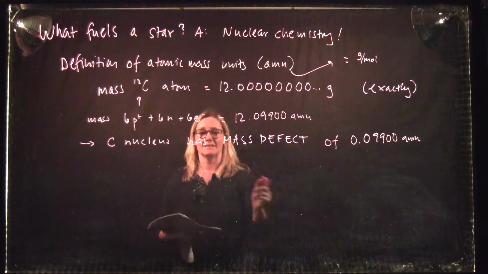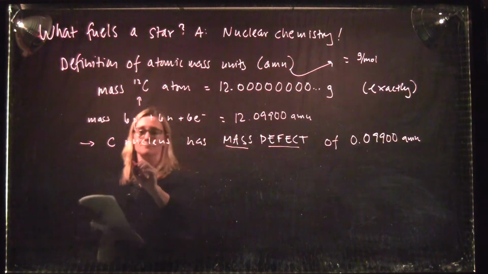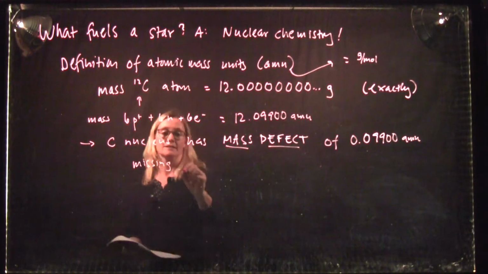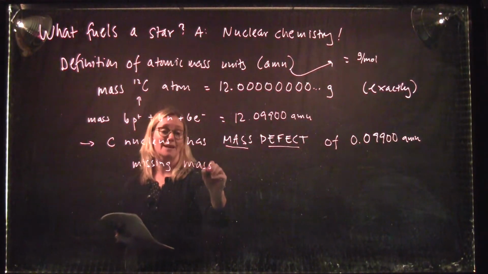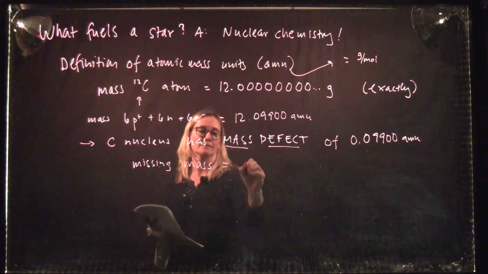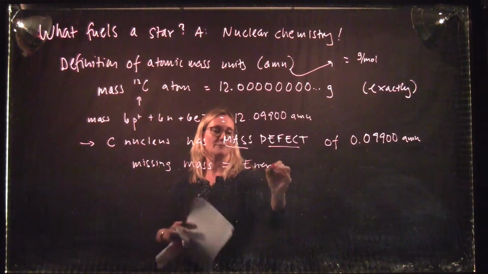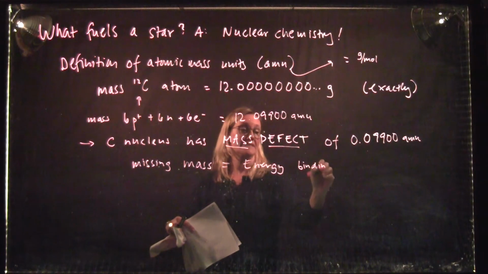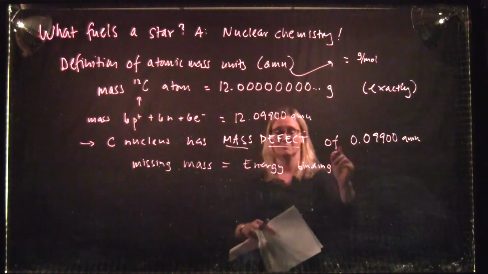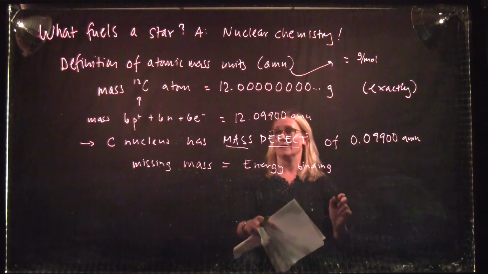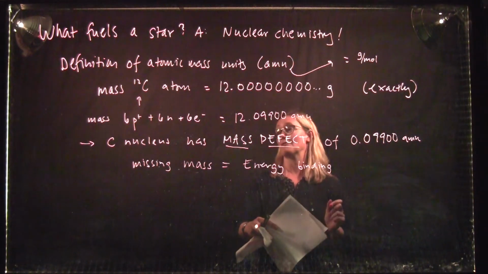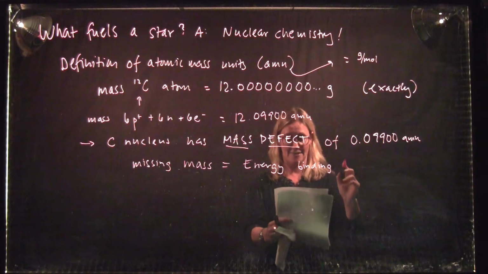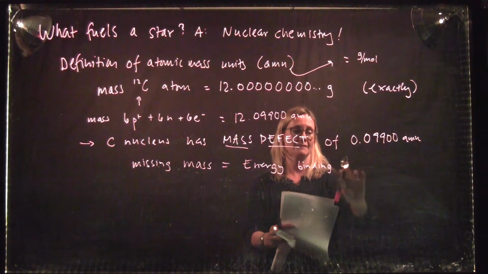So that mass defect, this missing mass, is the energy that it took. This missing mass is the energy that binds the nucleus together. So the reason the sum of the subatomic particles is not exactly equal to 12 is that the difference is the energy binding those nucleons together.